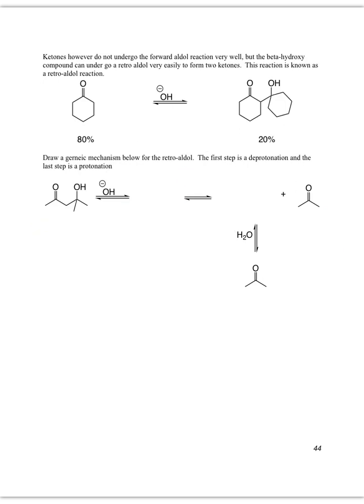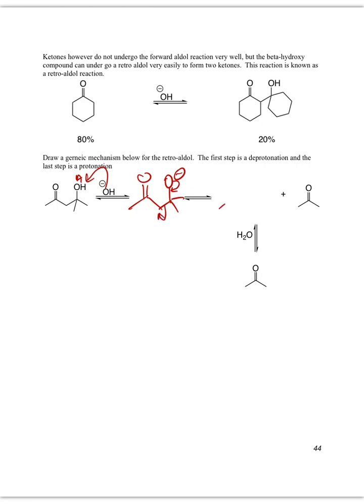So ketones don't work very well in this, primarily where we have, in this example, 80% of the starting material, 20% of the desired product. We can also go backwards from this, where we break the beta hydroxy compound apart back into the two parts, and then we can take off a hydrogen.